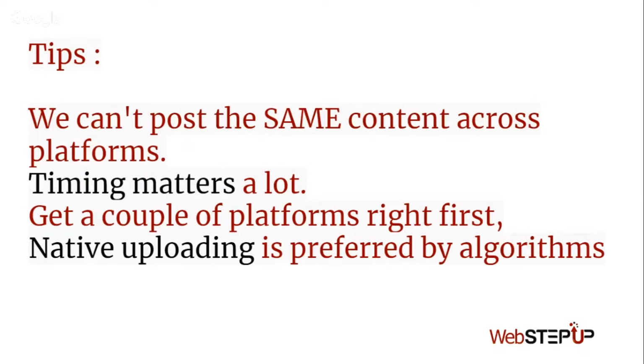Because when you natively upload the video, the algorithms like the fact that you're doing that, and they would give your post a certain bias when it comes to actually showing it on the feed.